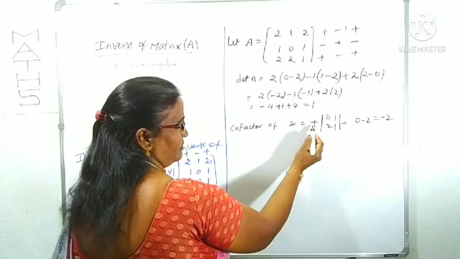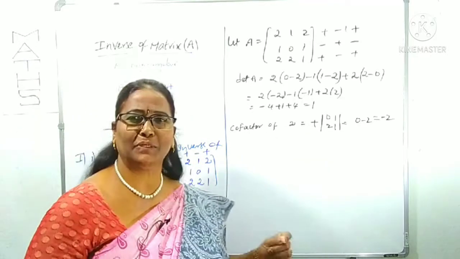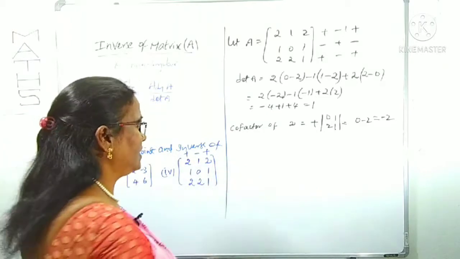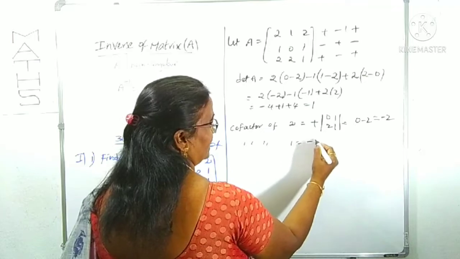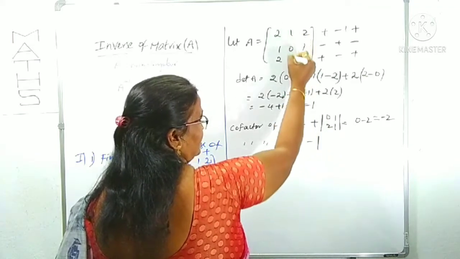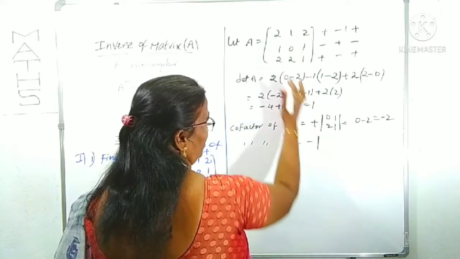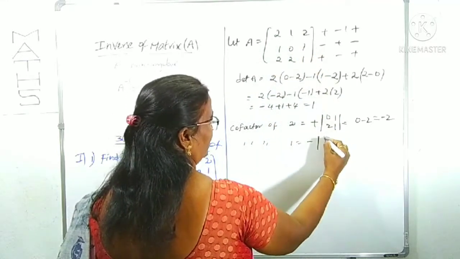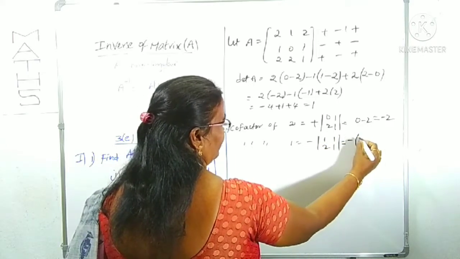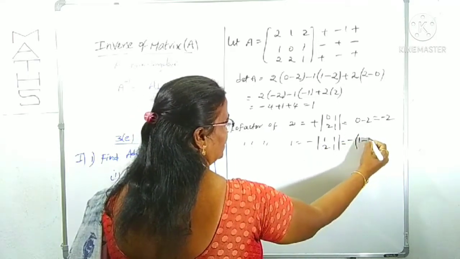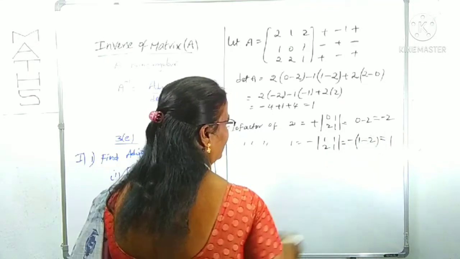Actually, no need to worry about the plus sign, but for sequence purposes it is better to use it. Now the cofactor of the next element, 1, with the minus sign. Minus, this one is available in the first row and the second column. Closing these, what is left over? 1, 1, 2, 1. That is a minus of 1 into 1, 1 minus 2 into 1 is 2. 1 minus 2 is minus 1, minus of minus gives plus 1.